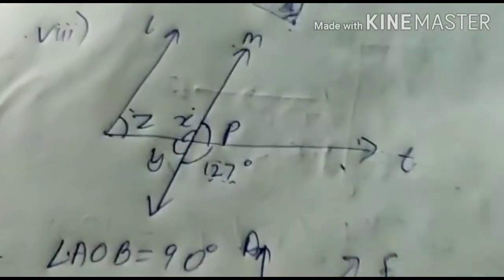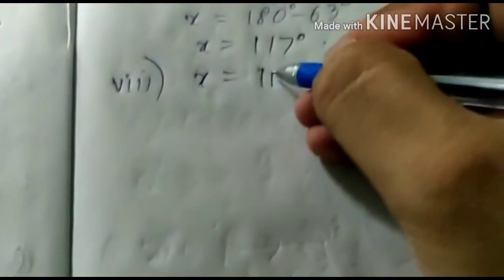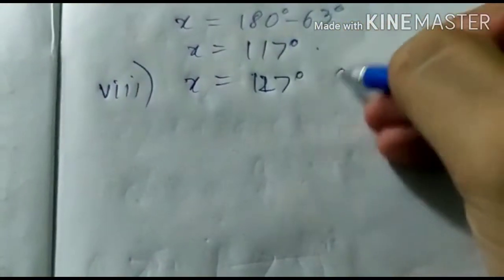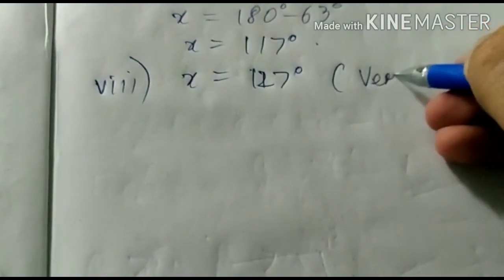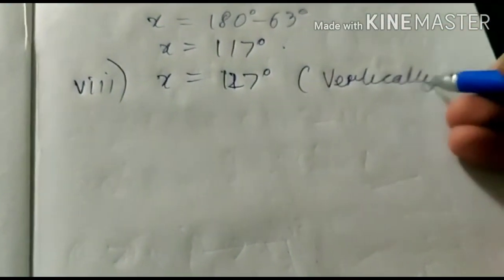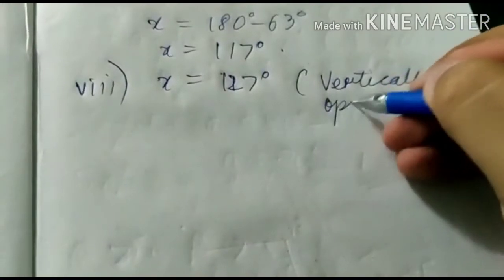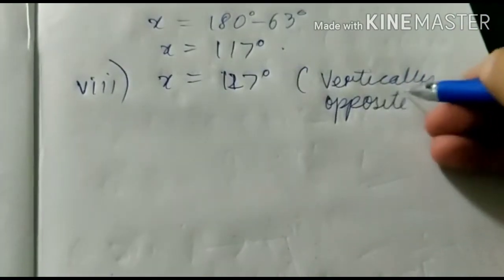This is made on this arm and 127 is made on this arm. So here x can be directly written as 127 degrees. How? Vertically opposite angles.